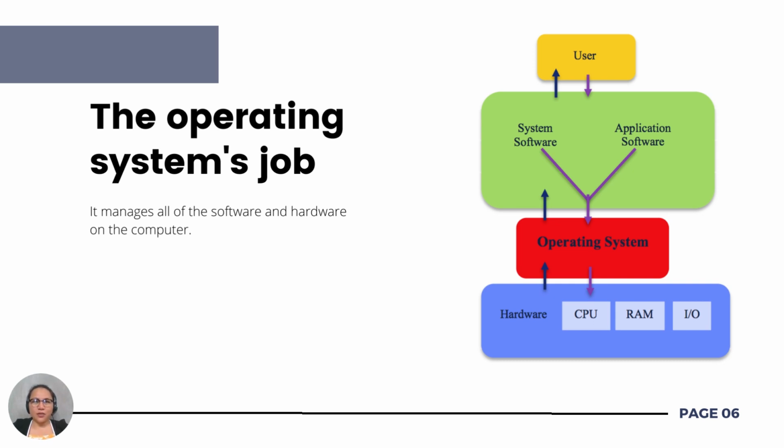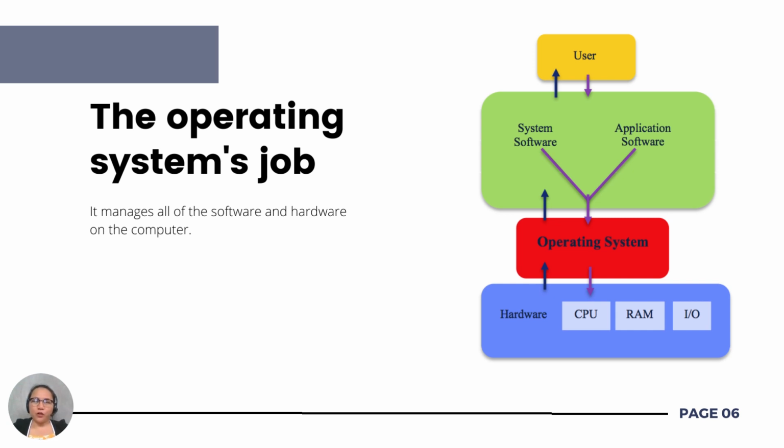The instruction given by the user, the operating system coordinates with the hardware. It coordinates with the CPU: CPU, please process this. So the user double-clicks Microsoft Word. Of course, when you double-click the Microsoft Word icon on your desktop, the instruction the user gives to the computer is open Microsoft Word.